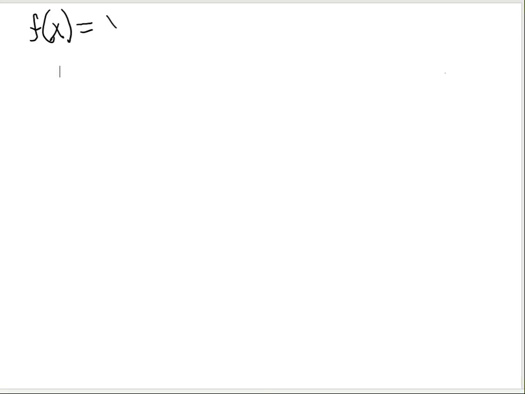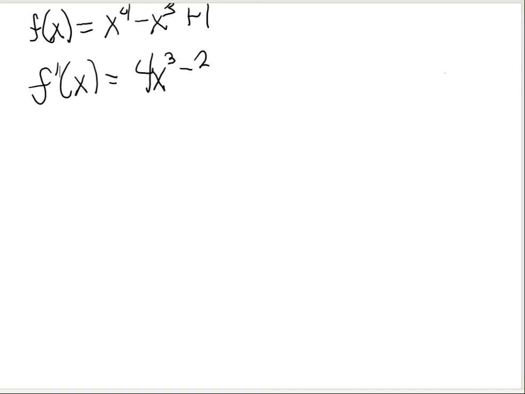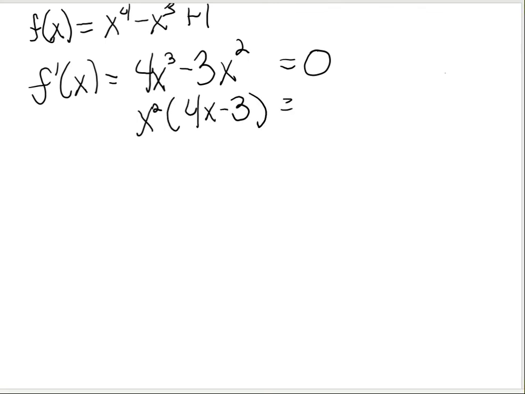Going back to that x to the fourth minus x cubed plus 1, if we want to find the local extreme values, we take the first derivative: 4x cubed minus 3x squared. We set that equal to 0 because it's defined everywhere. So factor x squared, 4x minus 3 equals 0. So at x equals 0 and x equals 3/4.